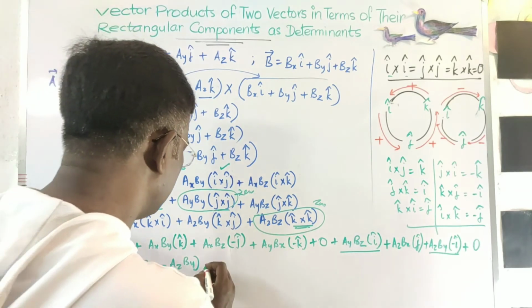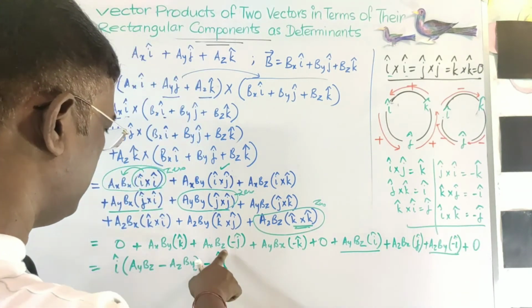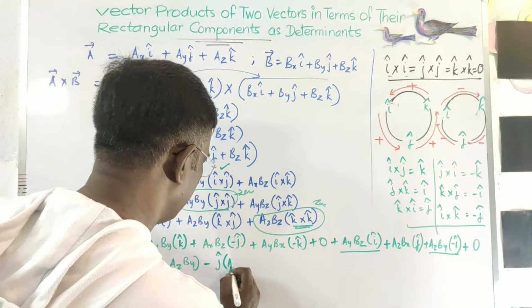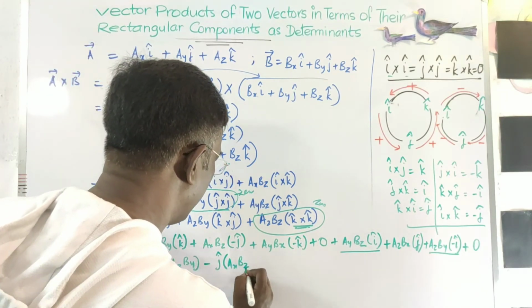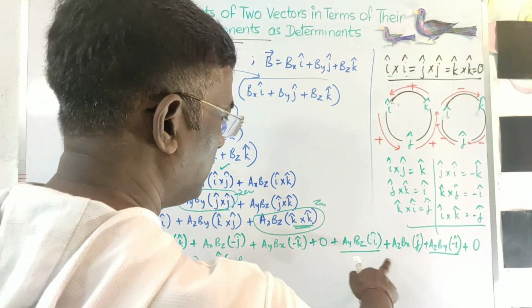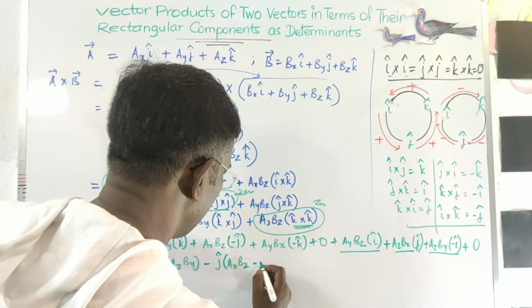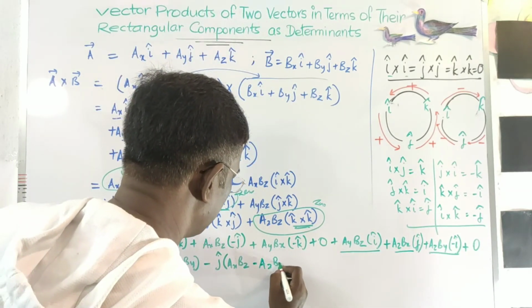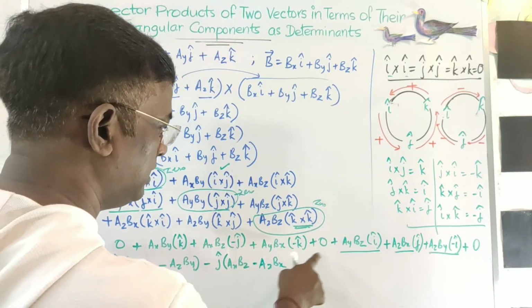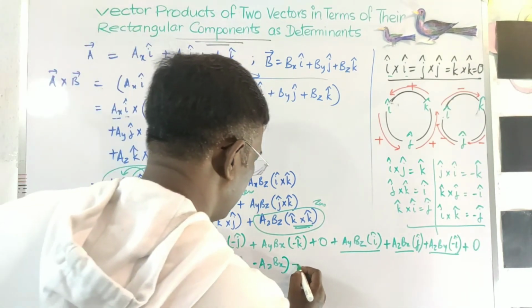Now I will take minus j. If I take minus j, then I will write ax bz first, and minus into minus is plus, so there must be a plus term of j here. Yes, it will be minus az bx, because minus minus you get the same term here, and j is common here, plus k.